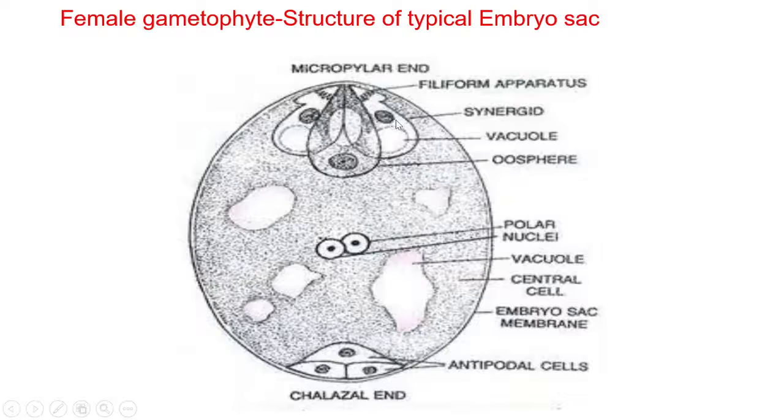Synergids are elongated cells placed closely on either side of the egg. Each synergid possesses a big vacuole at the chalazal end, and a single prominent nucleus. The cytoplasm is rich in RNA, proteins, lipids, mitochondria, endoplasmic reticulum, and dictyosomes.